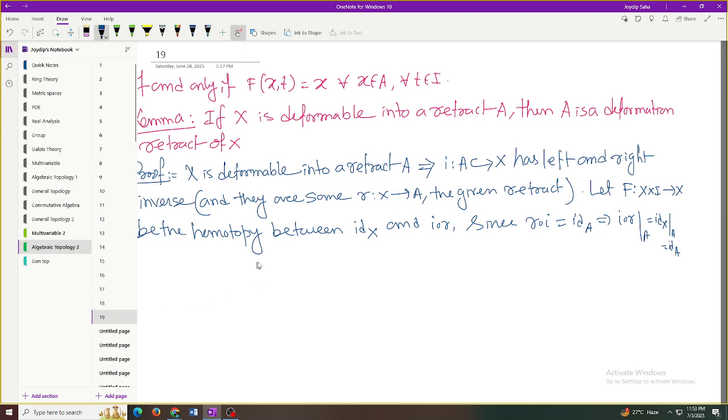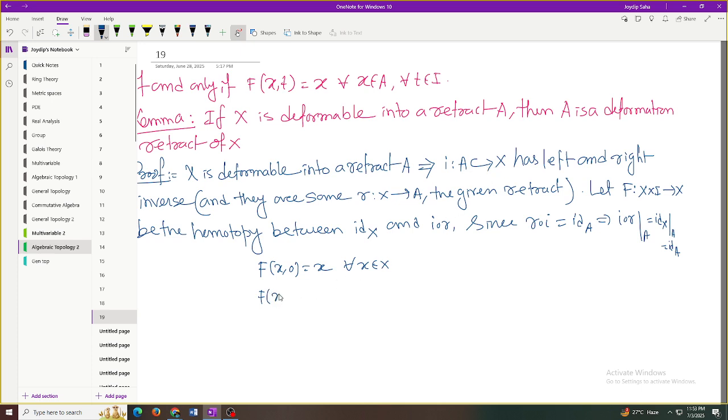Now see that f(x,0) equals x, right? Because it is a homotopy, for all x belongs to X. Okay. Now what is fx1? That is i compose r x. Now i compose rx, what is this? rx goes to A, and i is inclusion.